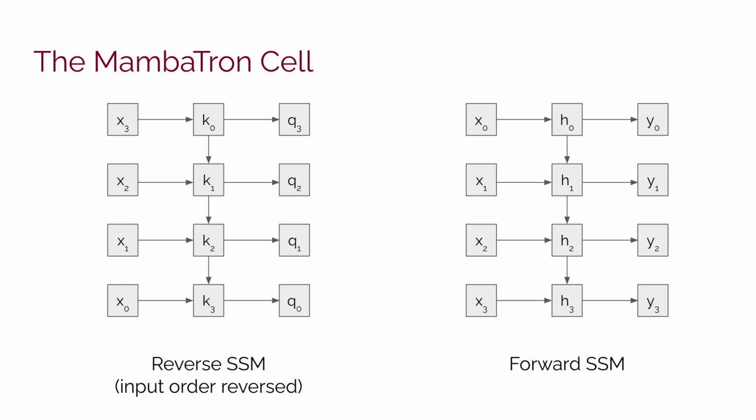The performance of a state space model greatly depends on the way in which the input elements are scanned. So for 3D vision tasks, you need to scan both ways and get outputs both ways and operate on both of them. So Y is the sequence obtained by scanning it forwards. Q is the sequence obtained by scanning it backwards.